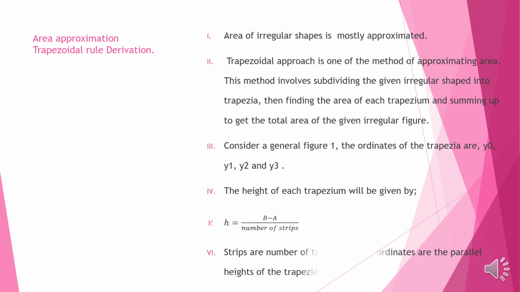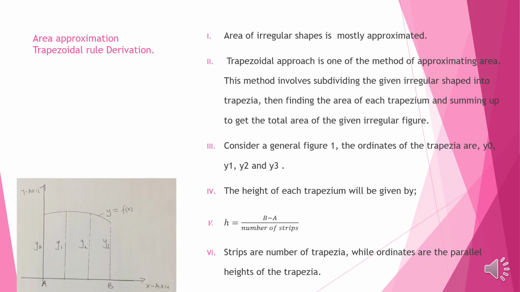Remember, for this case, strips are the number of trapeziums, while ordinates are the parallel heights of the trapezium, because we know the perpendicular height of each trapezia is uniform, which is given by h equals b minus a divided by the number of strips or trapezium.